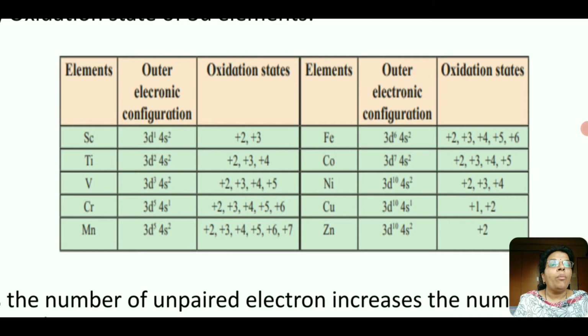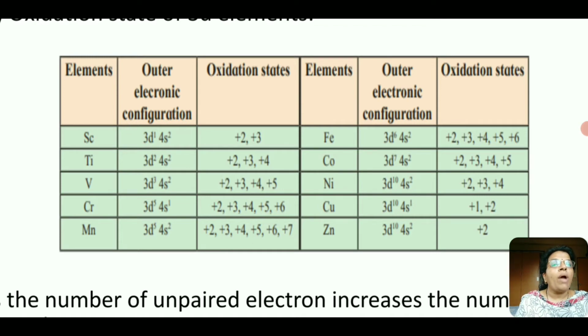Now in case of manganese, the atomic number is 25 and the valence electronic configuration is 3d5 4s2. Now here manganese shows variable oxidation states, that is +2, +3, +4, +5, +6 and +7, in which +7 is more stable due to argon gas configuration.